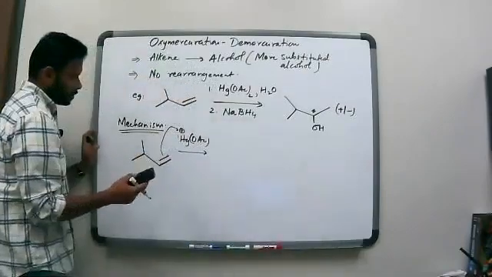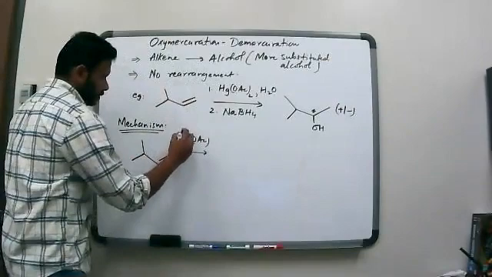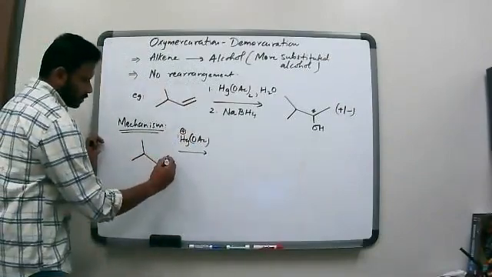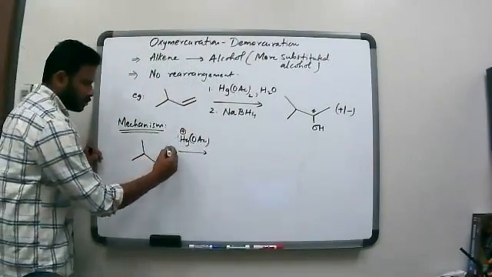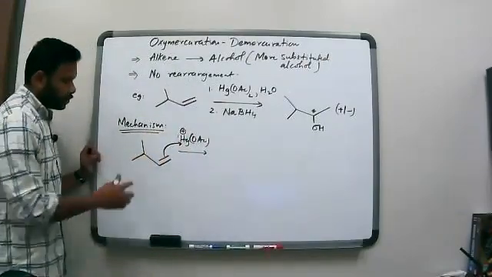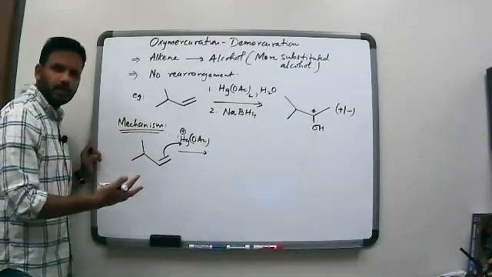In fact, I want to show it slightly differently. The mercury has a positive charge to it. So the pi bond opens up. This is nucleophilic, so it goes and attacks the mercury, which is electrophilic. But notice how the mercury has these extra electrons on it, which we can treat as lone pairs.